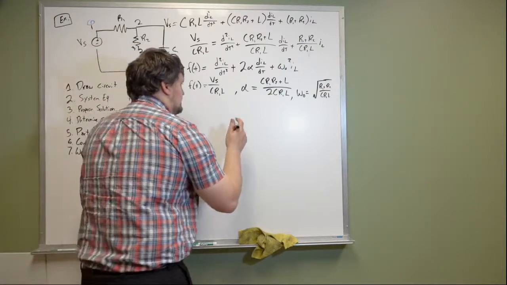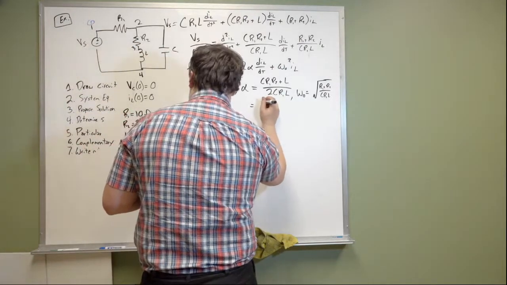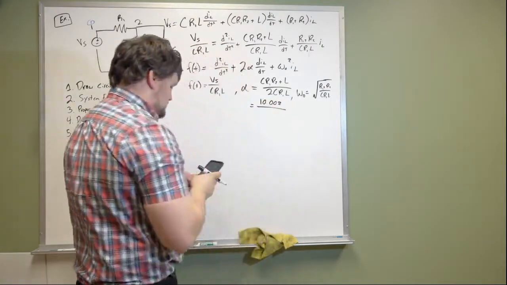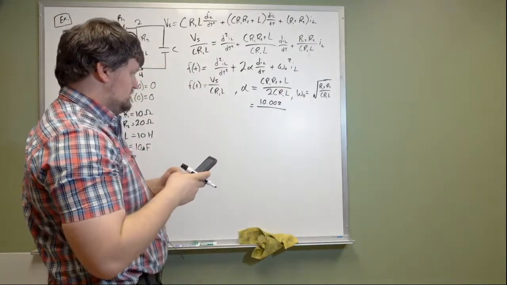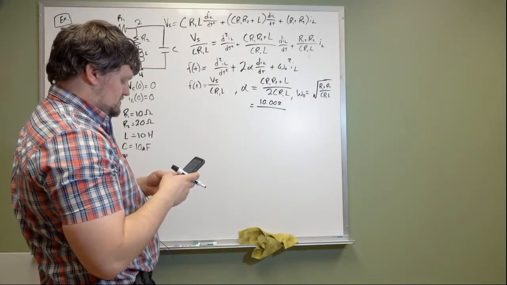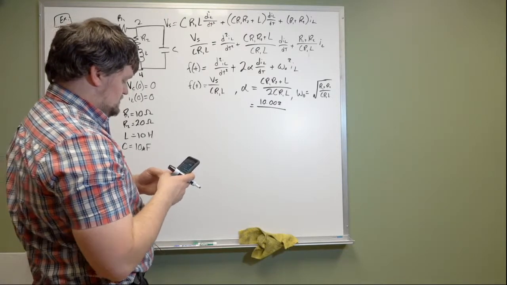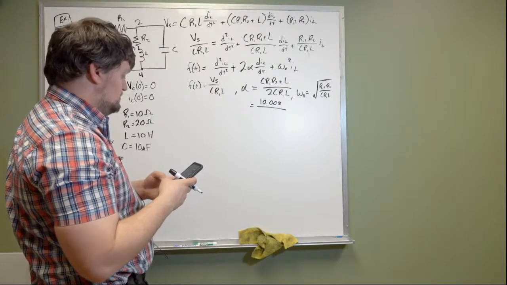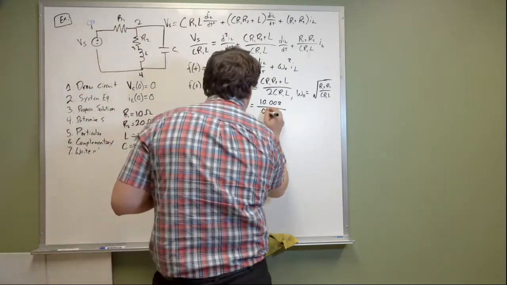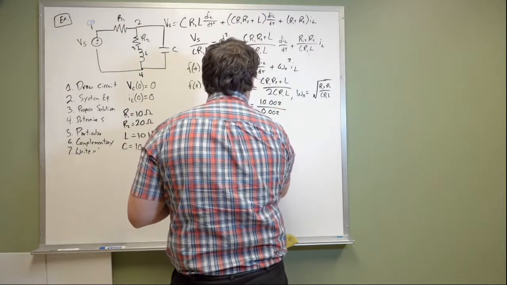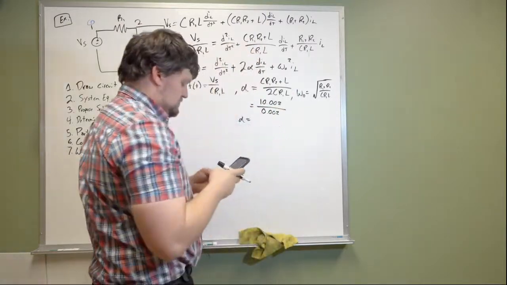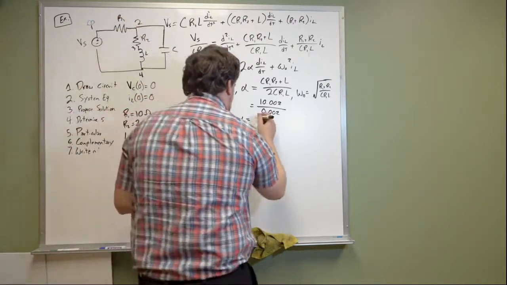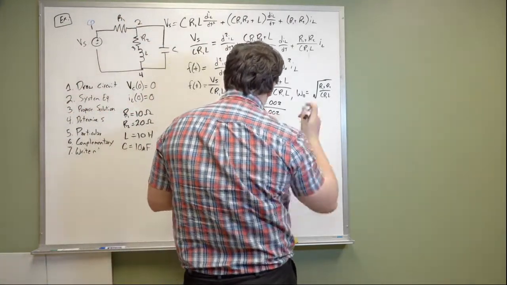So that ends up equaling 10.002 divided by 0.111 times 10 times 2 times 10. 0.002. So here our alpha value is equal to 0.002 divided by 0.002. This is equal to 5001.